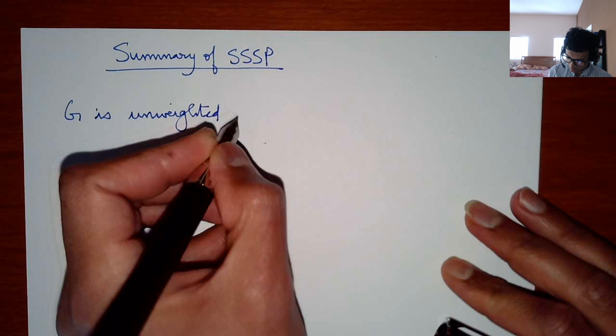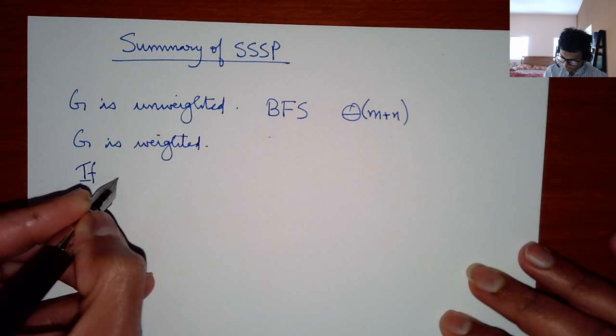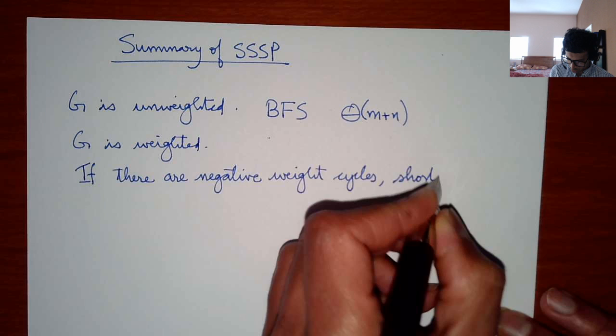Now let's consider the case where G is weighted. If there are negative weight cycles, then shortest paths are not defined.